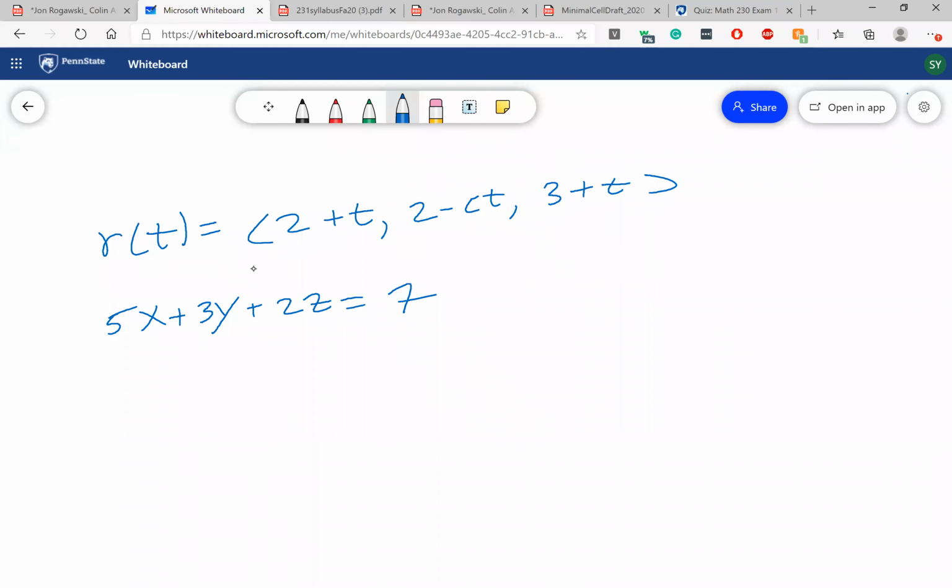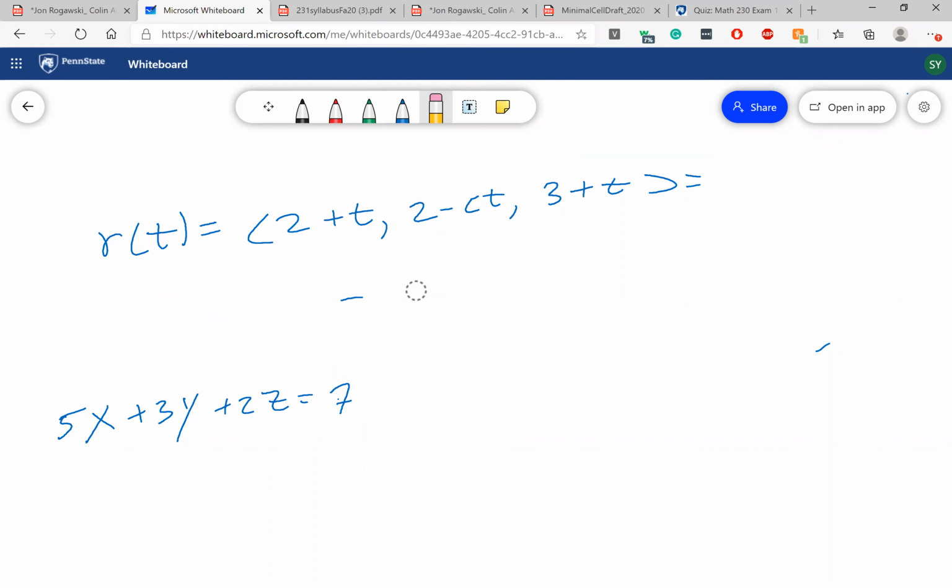So if we rewrite this line, let me first just rewrite this here: 5x plus 3y plus 2z equals 7. So if I rewrite this line, I'm going to get (2, 2, 3) plus t times (1, negative c, 1).